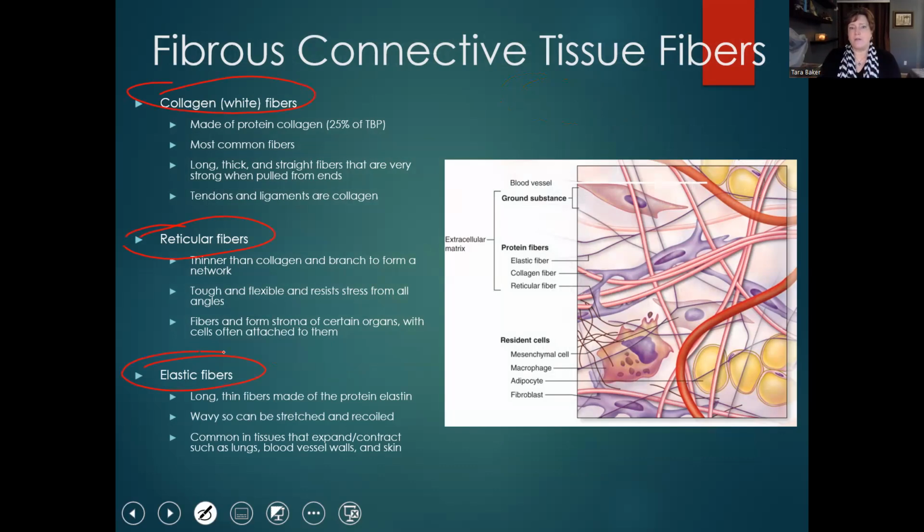So this picture here on the right actually has all three types. The elastic fiber, when you see it in a microscope, is wiggly waggly, and it's very skinny, so it's very, very fine. The collagen fibers are thicker, and they're definitely thicker than anything else.